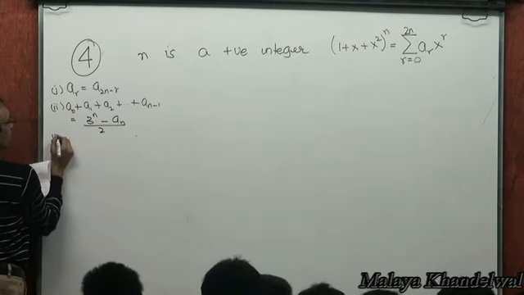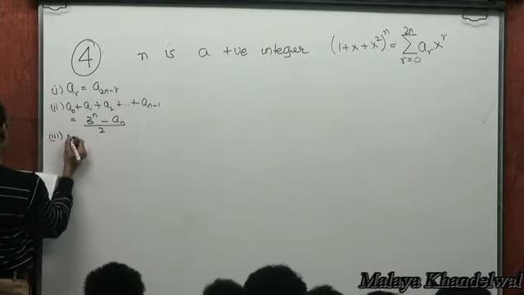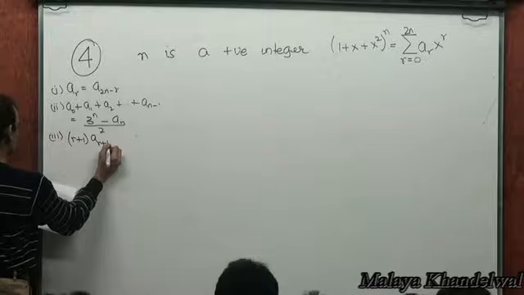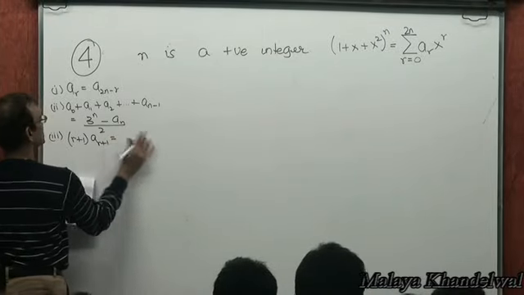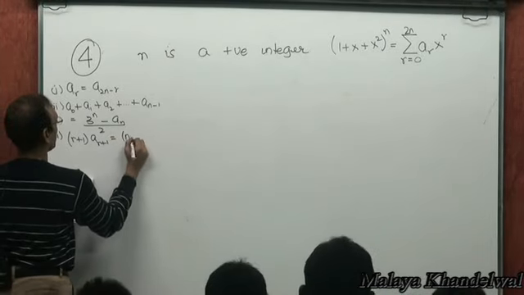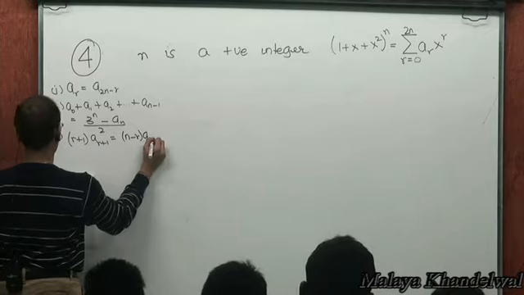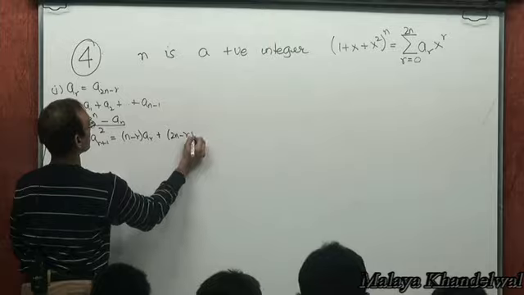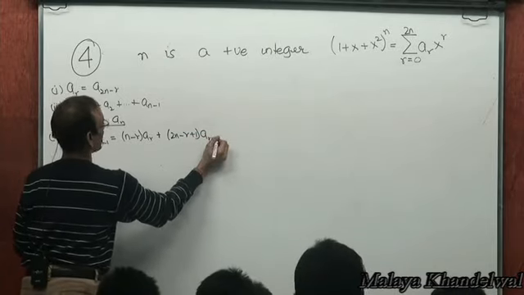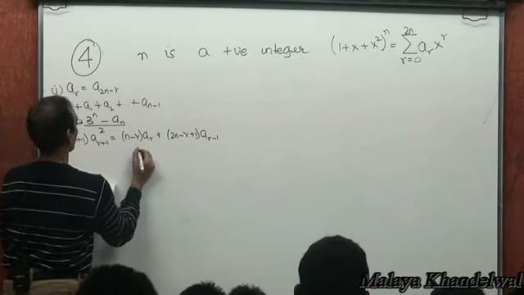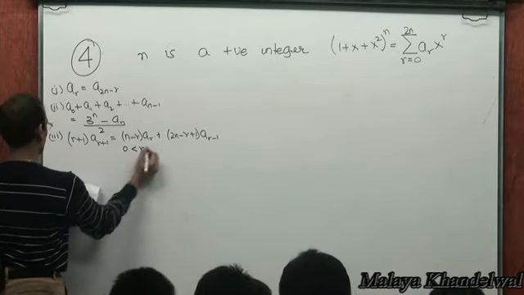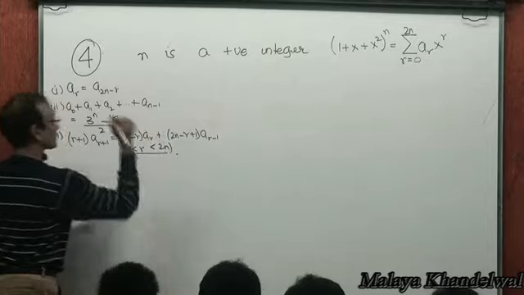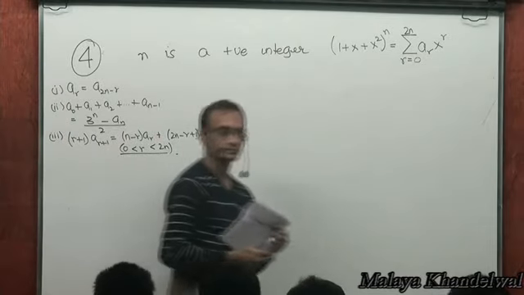The third part of the problem that we want to take care of is (r plus 1) a_{r plus 1} equals (n minus r) a_r plus (2n minus r plus 1) a_{r minus 1} for r greater than 0 and less than 2n, right?